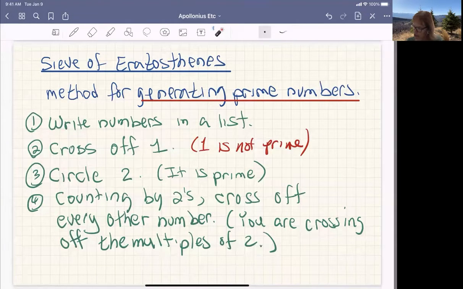The next thing you do is you circle the number 2, because 2 is a prime number. Now, counting by 2s, you cross off every other number. You're basically crossing off all of the multiples of 2 on your list.